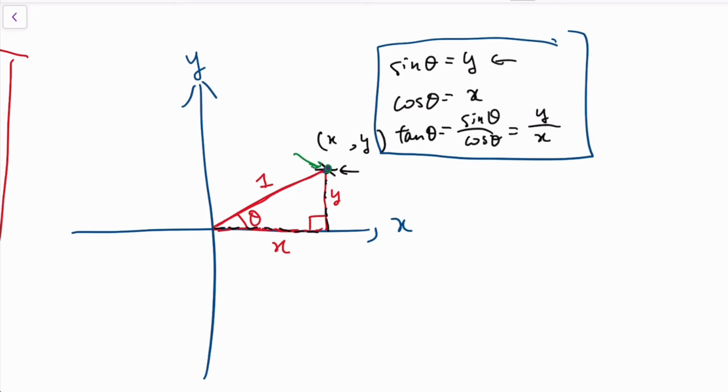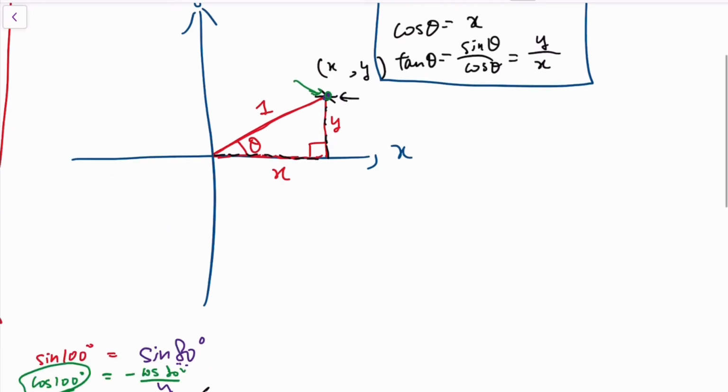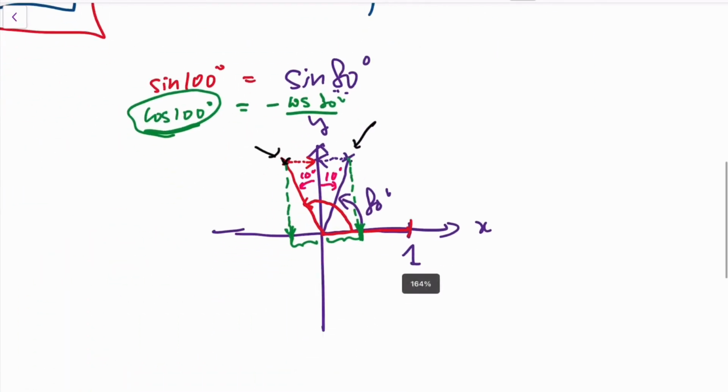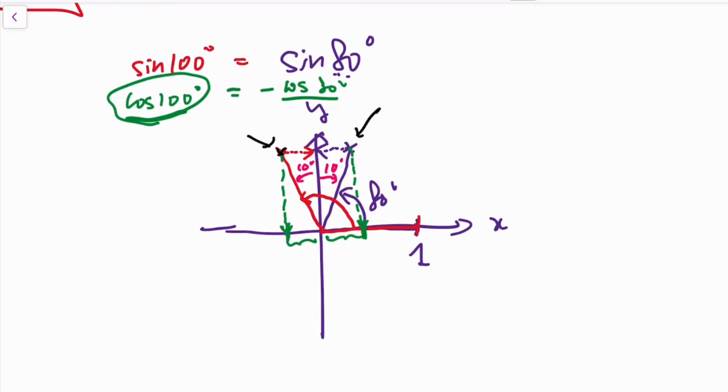So when this point goes to a place where the x coordinate is negative, then cosine would take a negative value.